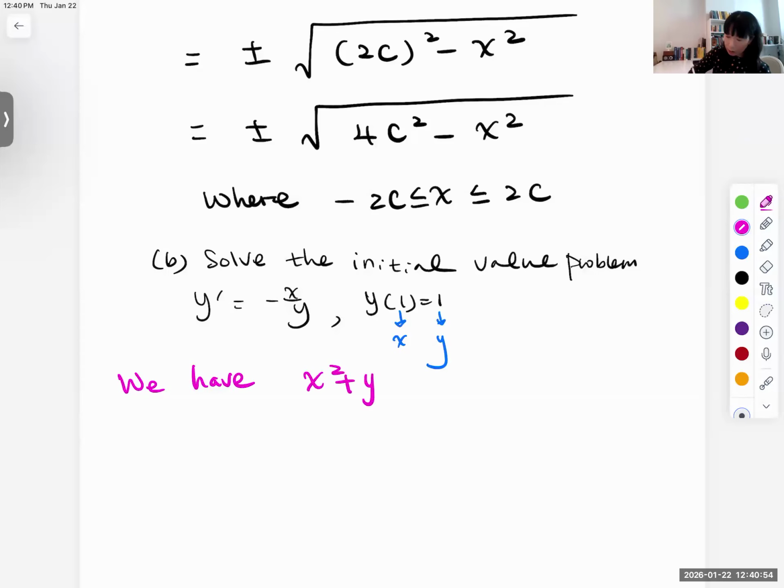So we have x squared plus y squared equal to a squared. Then x equal to 1, y equal to 1. So 1 squared plus 1 squared equal to a squared. Then a equal to plus minus square root of 1 plus 1, which is 2, right?